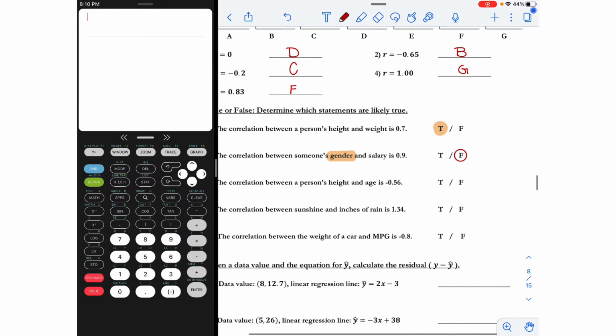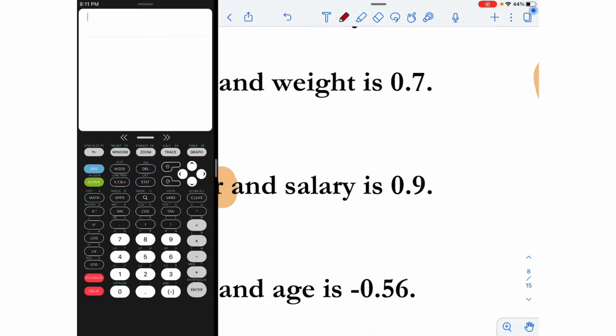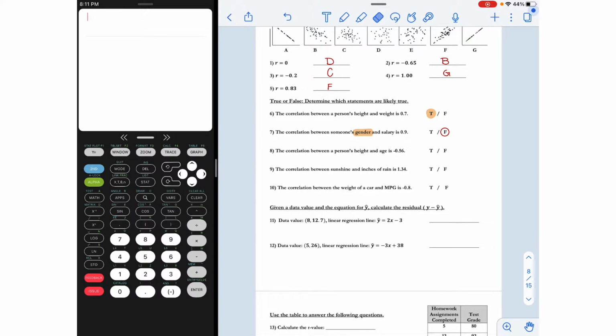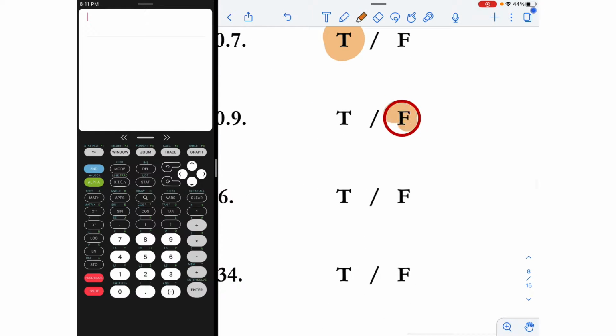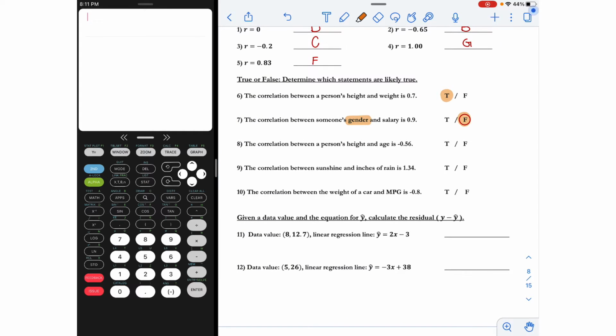All I'm saying here, I'm not saying that there's no correlation. There might be a correlation with gender and salary, but we cannot put a number to that correlation, if that makes sense. So we cannot say that that correlation actually is 0.9. You could say that there is a correlation in general, but you can't assign a number. Okay, all right. So that one is false, again, because we cannot assign a number.